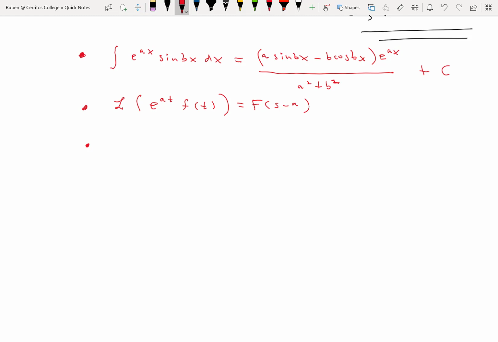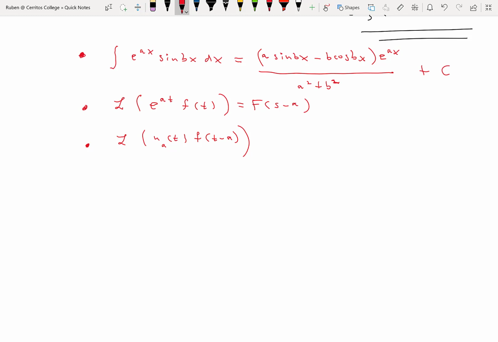The second shifting theorem says the Laplace transform of u sub a of t times a shifted function f of t minus a. So really, in the t domain, it's just the function f of t shifted to the right by a.